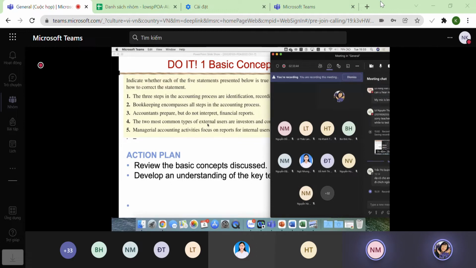We call that system the financial accounting system. And for the information to the internal user, we call it management accounting system. And external users can ask for information from the accounting system directly or indirectly.